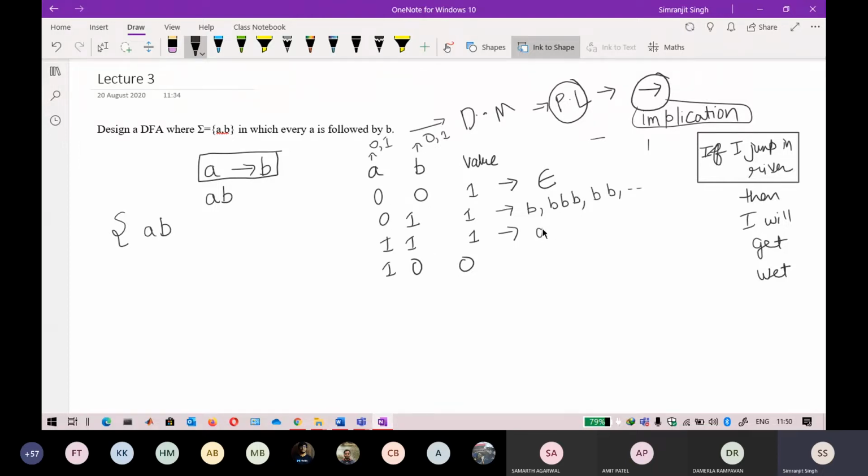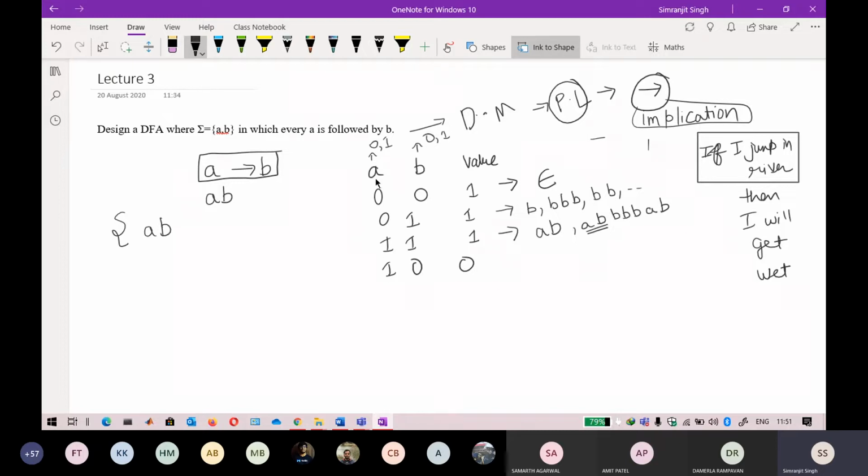So this is the most obvious thing, that AB should lie in the language. If A comes, B has to be followed by it. Be it one B, if any A comes, it has to be followed by B. It can be one B, it can be more than one B, but it is again satisfying the condition that it is following A here. Again, if A comes, it has to be followed by B. Okay, so this string lies.